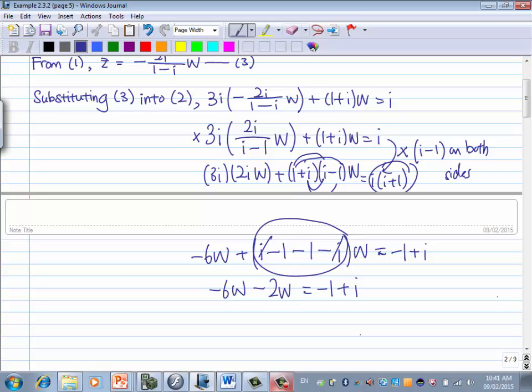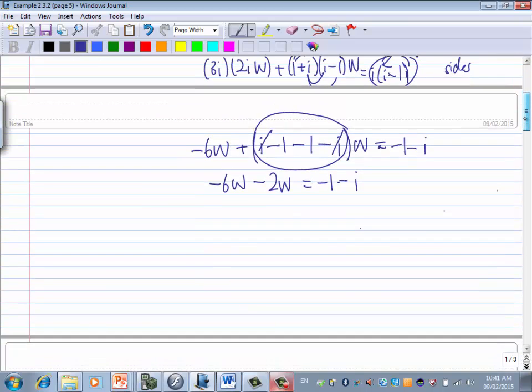So this one should be minus 1, sorry. I made a mistake here, should be I minus 1. So now I have this. Then simplify. Negative 8w equals to negative 1 minus I.